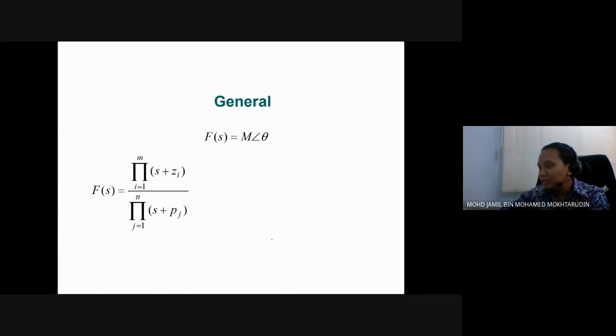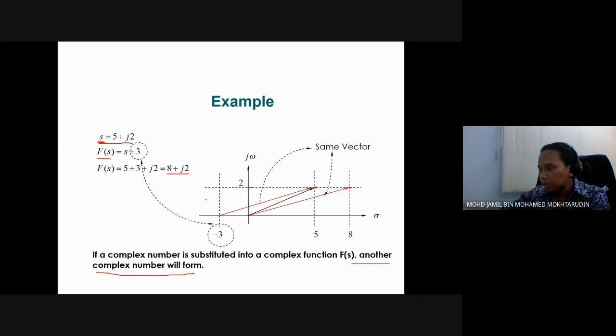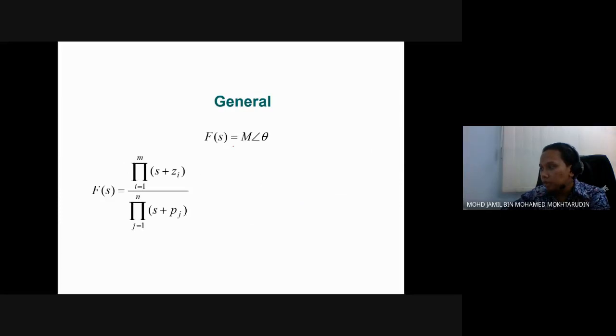So in general, you can also describe F in terms of magnitude and angle. Let's say your function F is in the form of a fraction, so you have a numerator and a denominator.